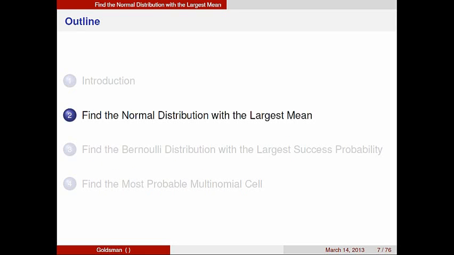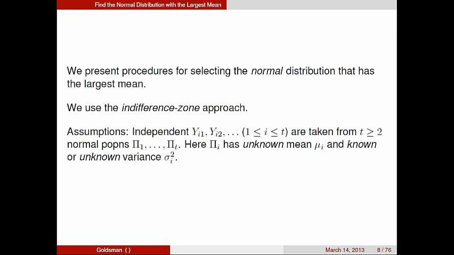And we're probably going to run out of time before I can do all 97 pages here, but you'll see that all the procedures are really easy to use, and they're more or less intuitive. Okay, so what I'm going to do, I'm going to talk a little bit about the types of procedures we're looking at in general, and what I'm going to do now is I want to find the normal distribution that has the largest mean. I'm going to do something called the indifference zone approach, and you'll see why it's called the indifference zone approach in a minute.